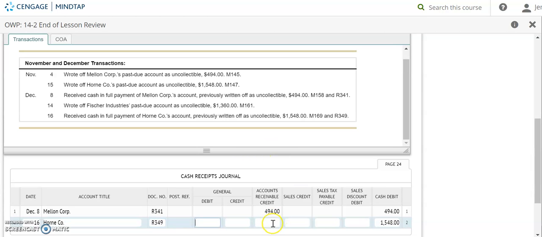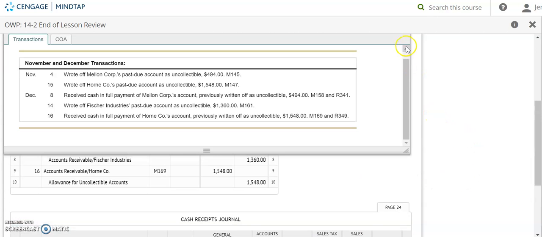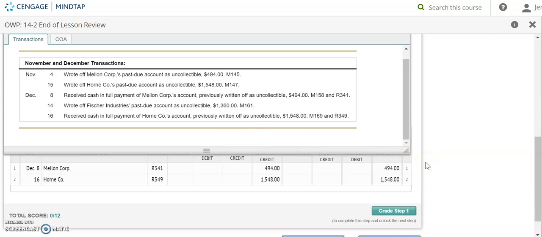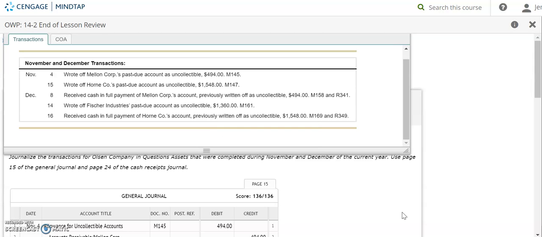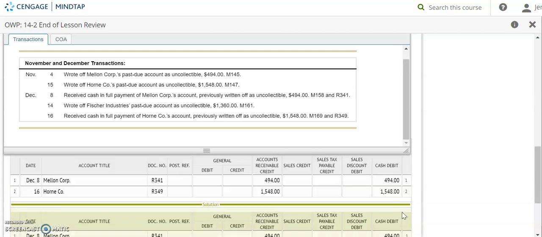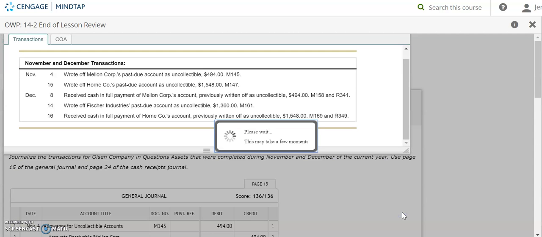And remember, that's going to my accounts receivable credit column, 1,548. Okay, so that is done. I'm going to grade step 1. And next step.